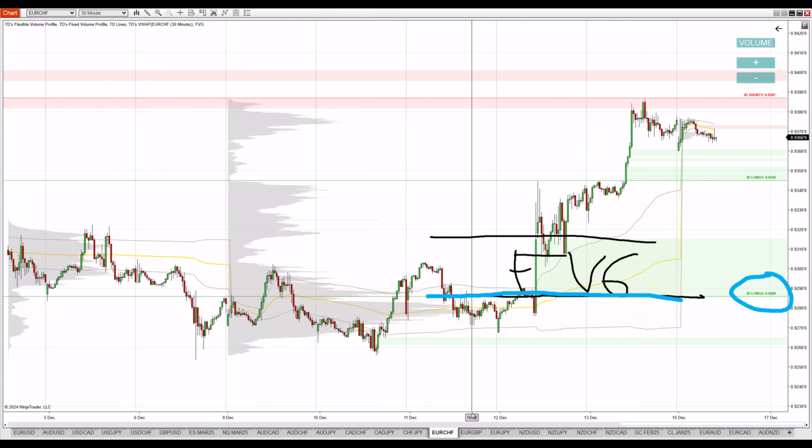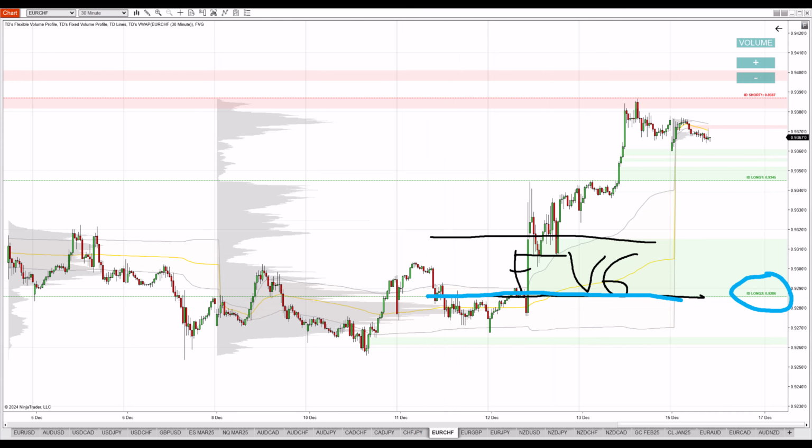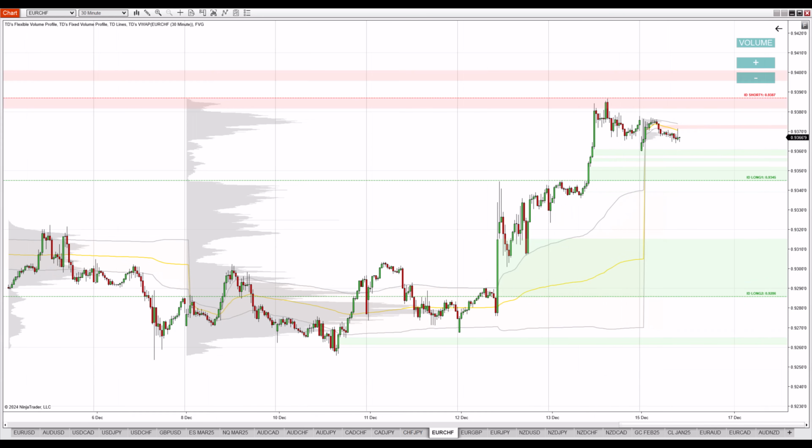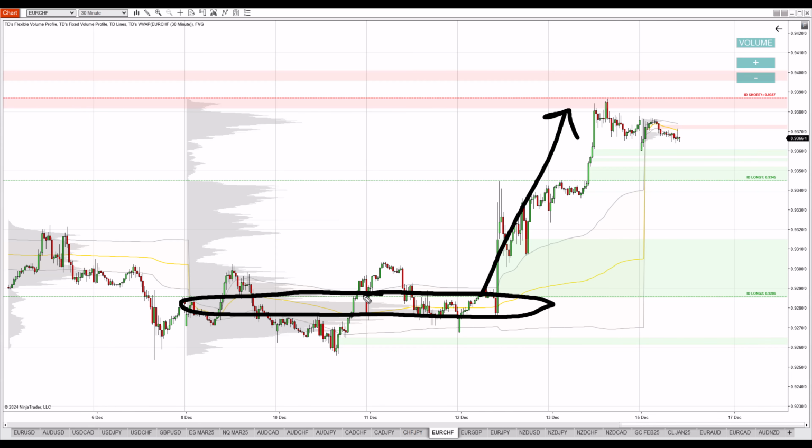If you combine it with the weekly point of control, which is in here, then it makes a pretty strong level to trade from, because from this weekly point of control, strong buying activity took place, and it is telling us that buyers were active here, building up their long positions in this rotation, and afterwards they pushed the price upwards. So if there's a pullback, chances are that there'll be a reaction, right? As the buyers will want to defend this place.